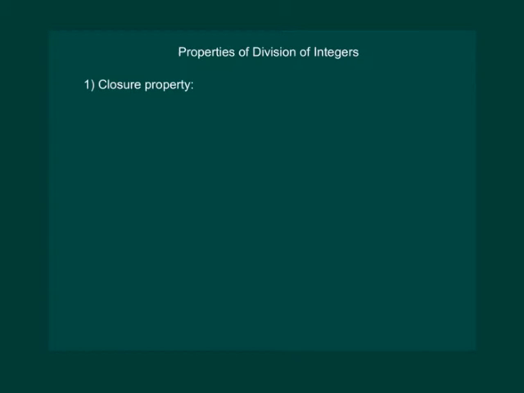It remains to discuss the properties of division of integers. Let us discuss the closure property. If we divide -8 by -4, we get the answer as +2, which is an integer. If we divide -8 by 3, what is our answer?